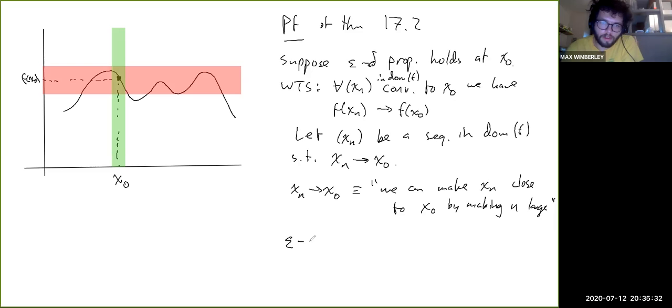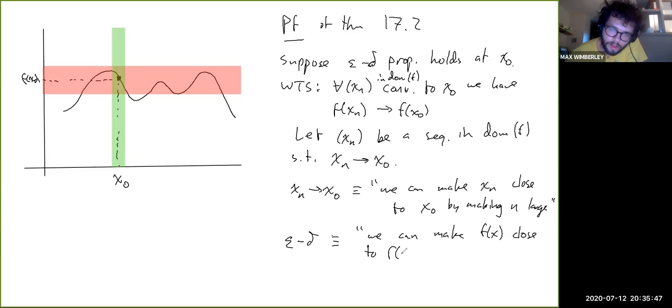The epsilon delta property is the same thing as saying we can make f of x close to f of x naught by making x close to x naught, right?